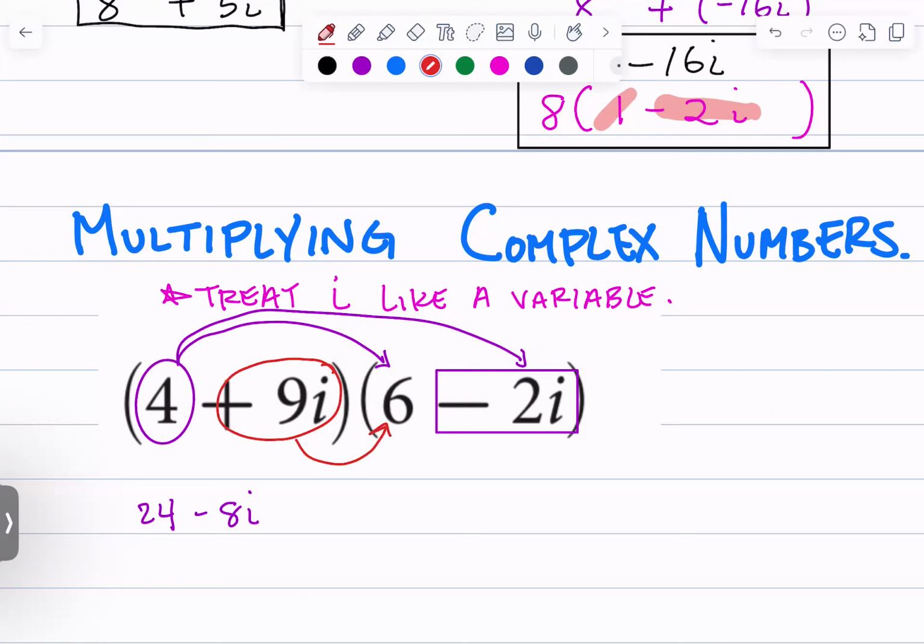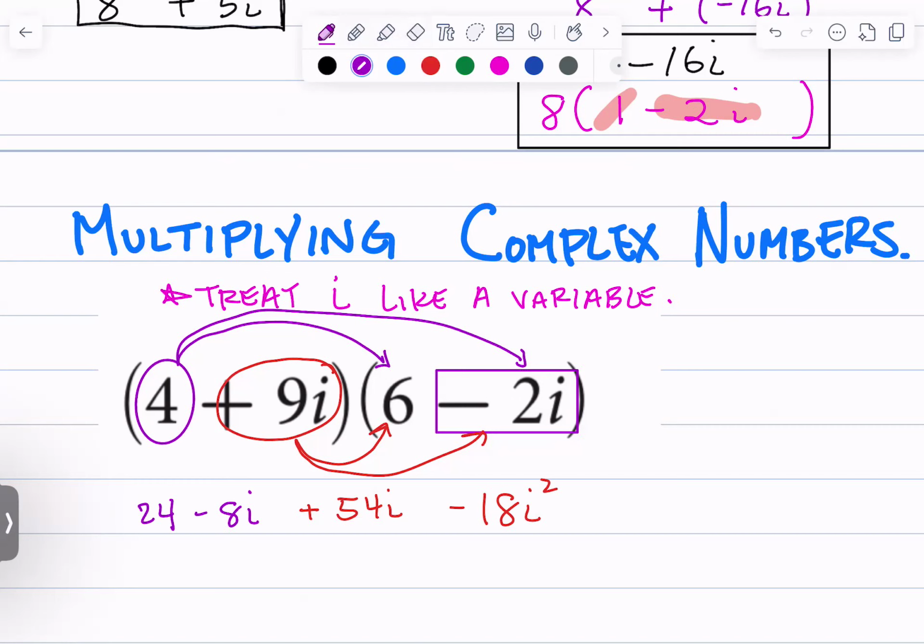Positive 9i times 6, that's plus 54i. 9i times negative 2i, that's negative 18i squared. Right? Yeah, because i times i is i squared. Okay.